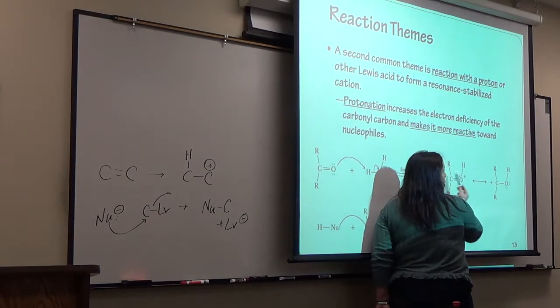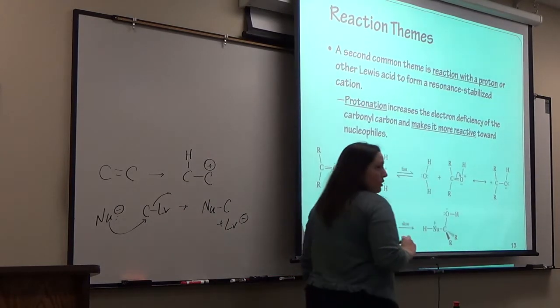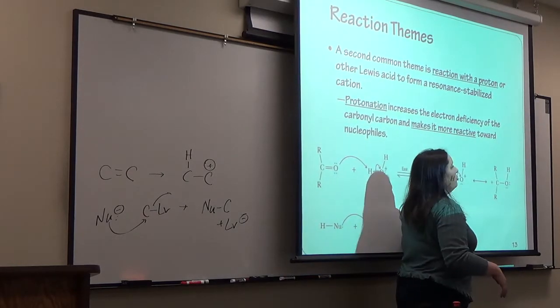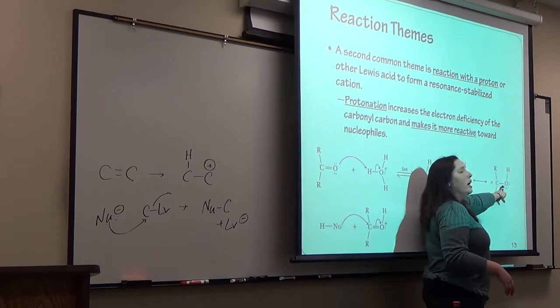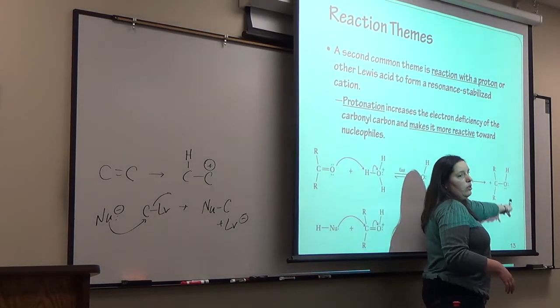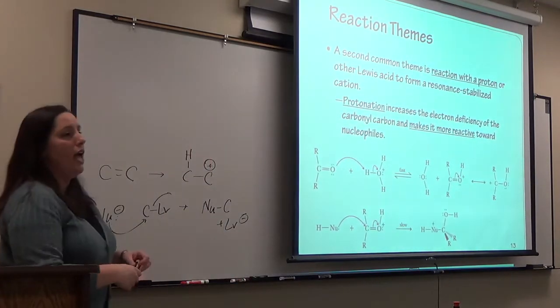Positive charge on there because oxygen has 1 more bond than what it wants, which is going to mean that it's going to want to shift things around. And when it does, it's going to end up with a single bond O. Does that make sense? So it gives a boost to this reaction.